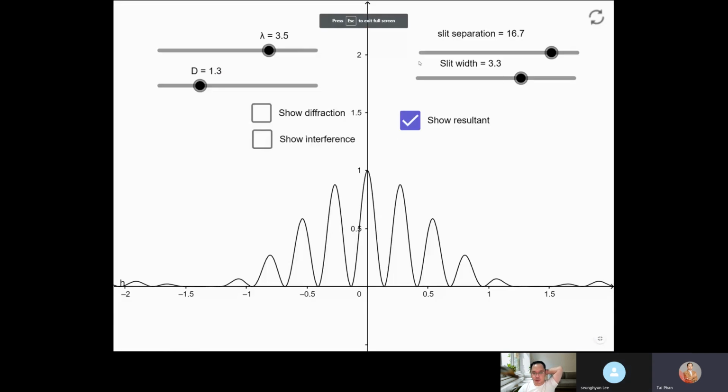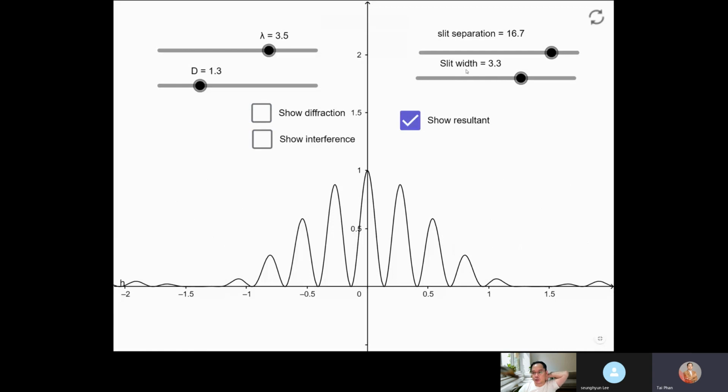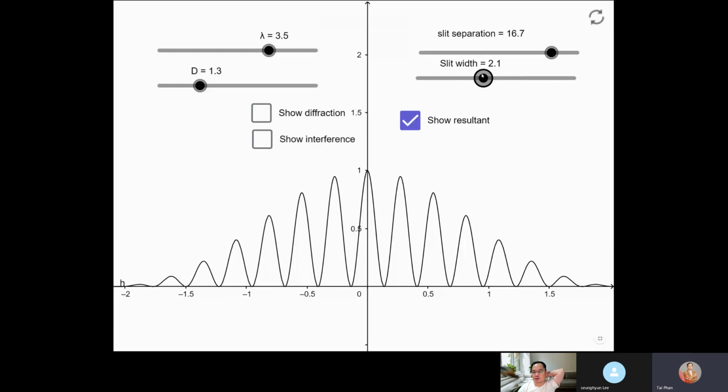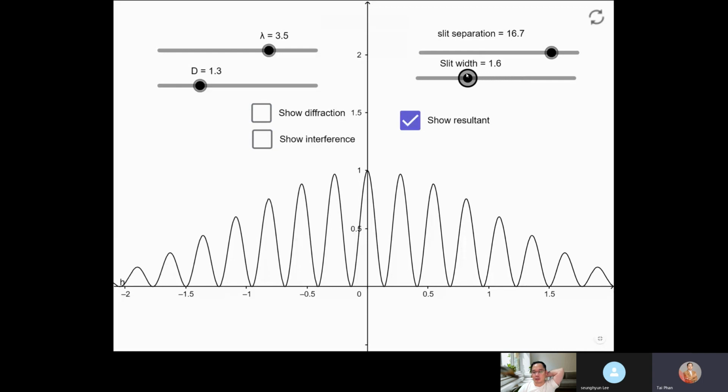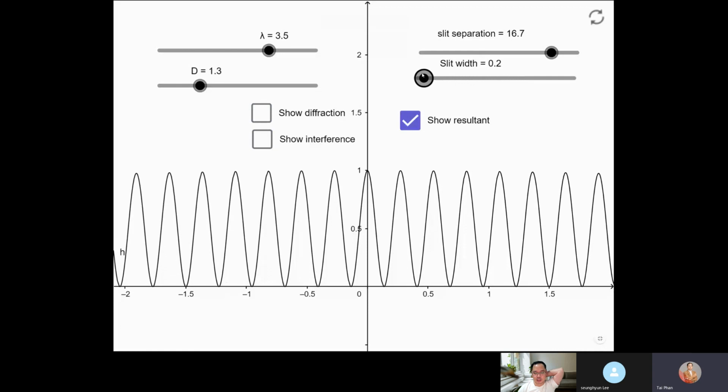If we reduce the width of each slit to be very small, the intensity of the outer maxima will be higher and higher, almost equal to the intensity of the central maximum.